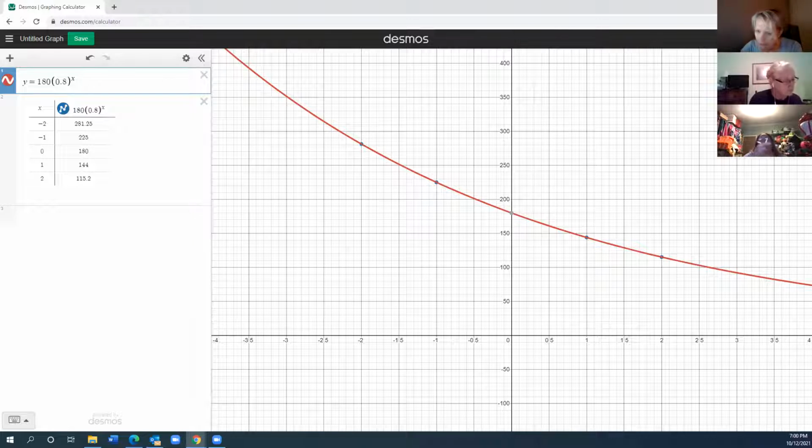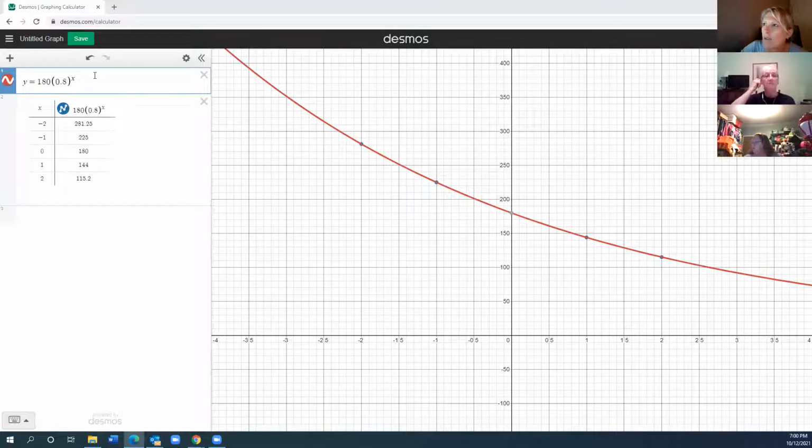I'm just trying to do the Desmos thing. Oh yeah, go ahead. Did you get your equation in? No, I'm trying to figure out how to do that. I got it typed in, but I'm trying to do the graph thing. The graph.